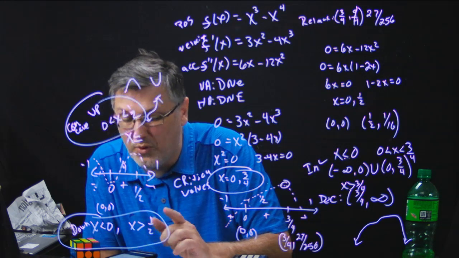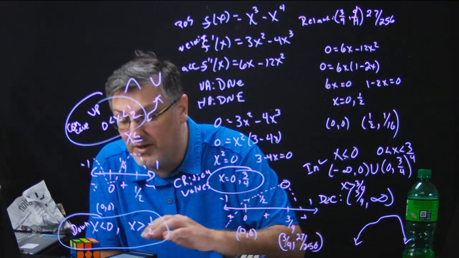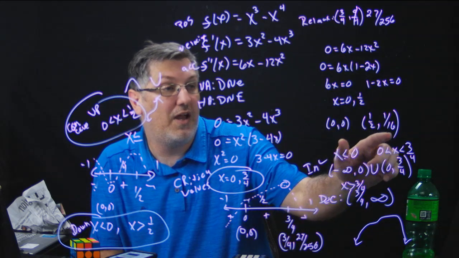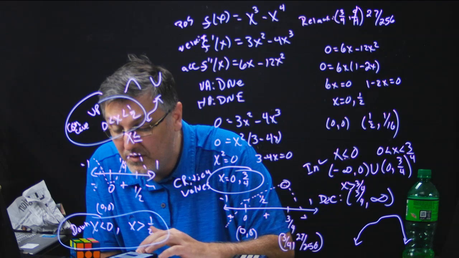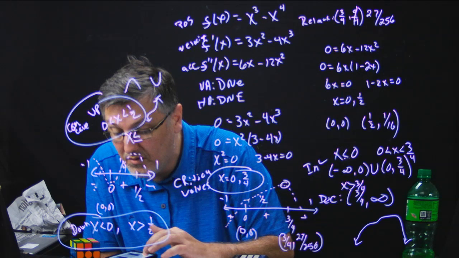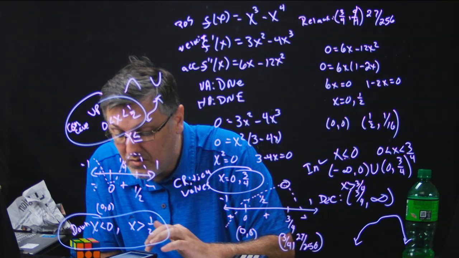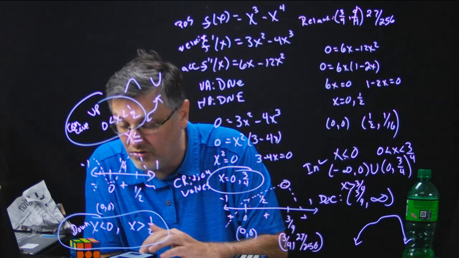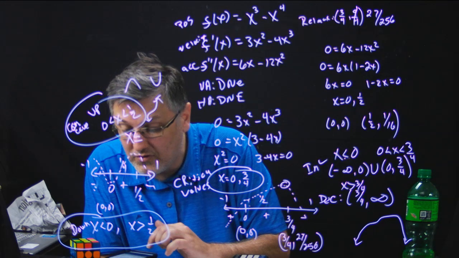I don't know if it wants points of inflection. Here it says points of inflection. On the previous one, did it have both points in there, like 0, 0, and 1/2, 1/16, or did it just have the x values? I don't remember. Trying to see, does it want the x values or the points? Oh, it wants the actual points.